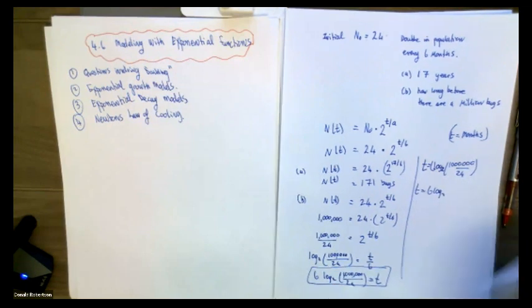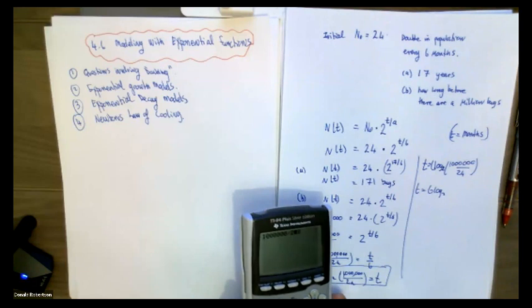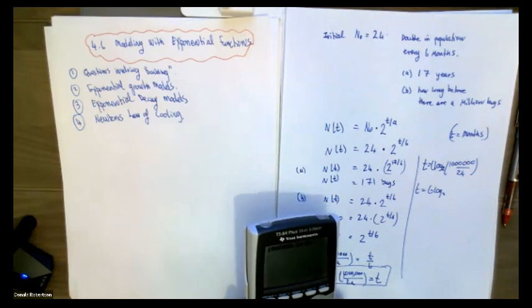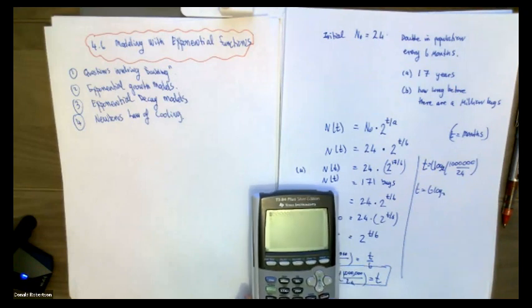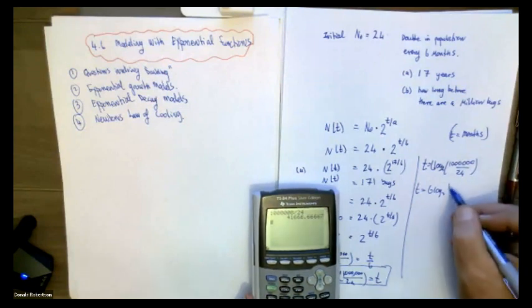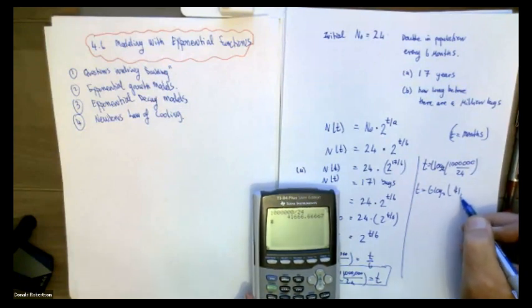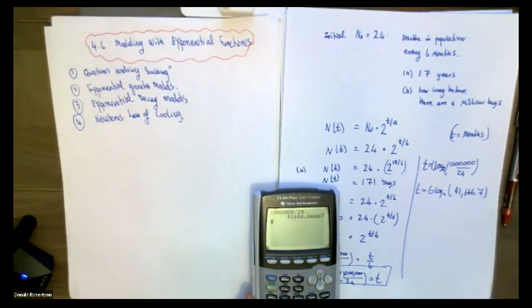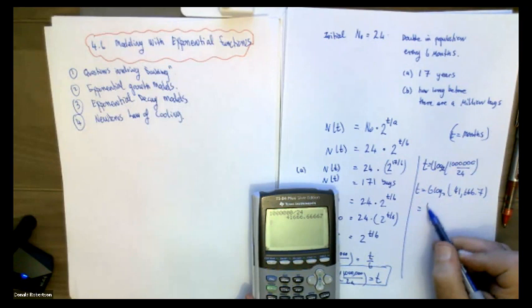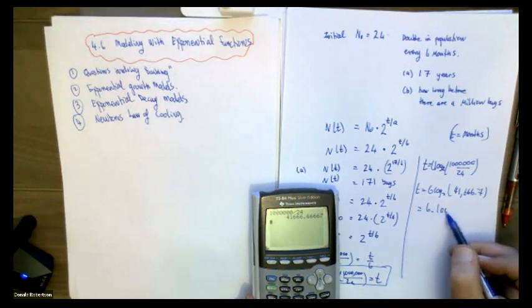What's 1,000,000 over 24? 1,000,000 divided by 24 is about 41,666.7 roughly. Now, to get the base 2, I'm going to use the change of base formula.